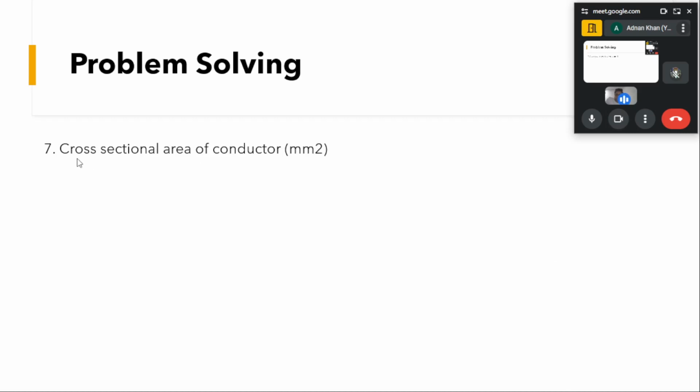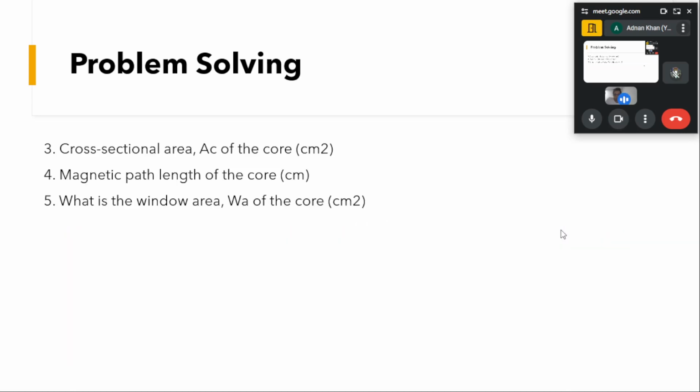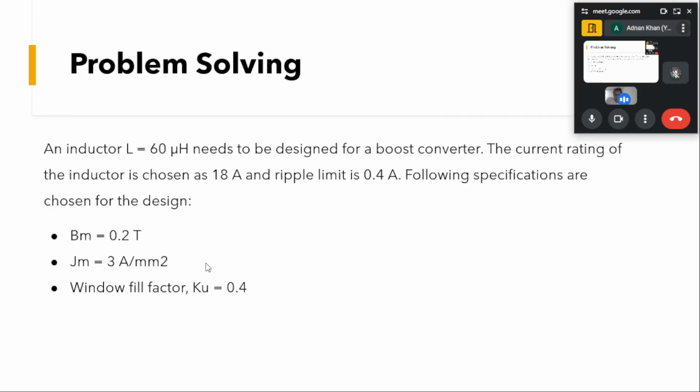Now we have to calculate the cross-section area of the conductor. We got the current that will be flowing, and J is given to us: it is 3 amps per mm square.